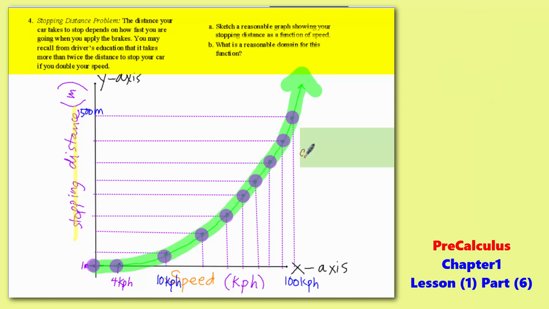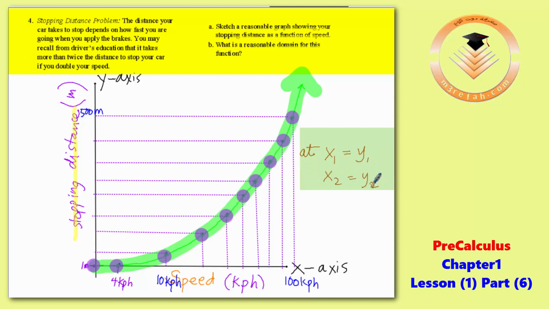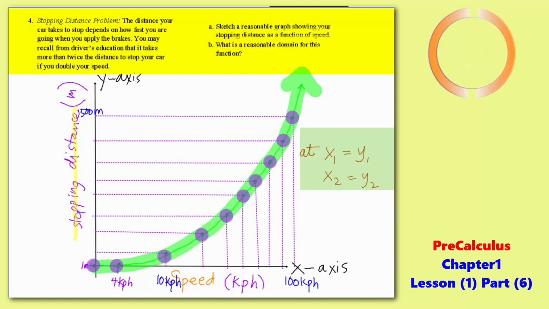At x1, you will have a corresponding braking distance of y1, and x2, y2. So this will be the corresponding graph.